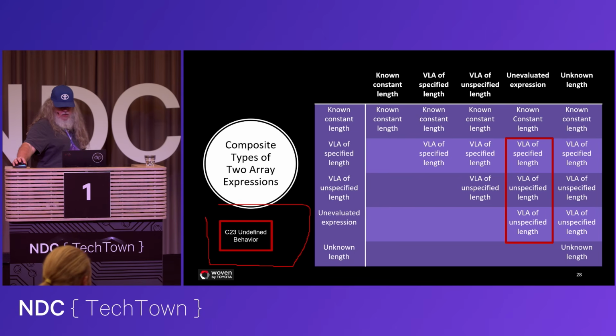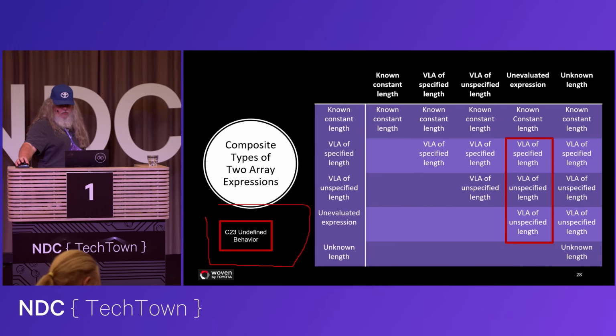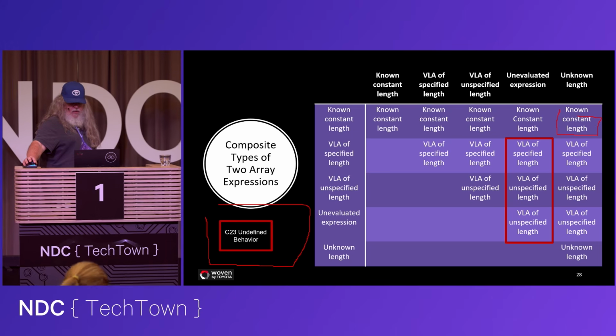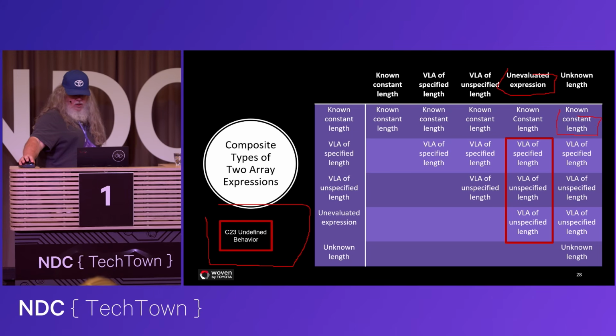So in C23, we have just a matrix here. If we have an array of known constant length, and we have another array of even unknown length, then we'll get an array of known constant length. But the problematic issues are here with unevaluated expressions.